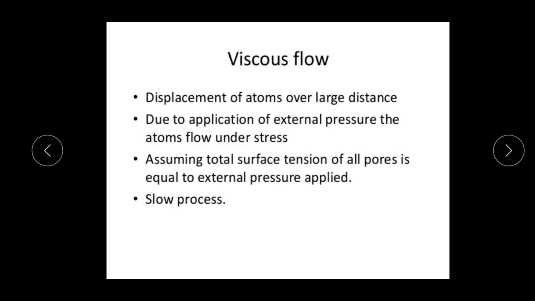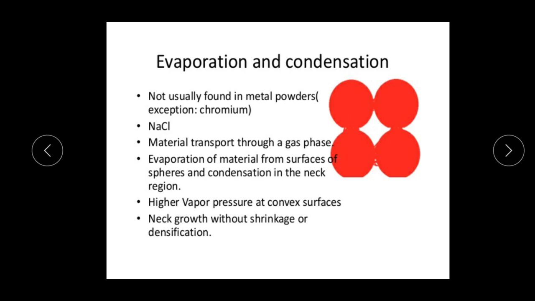Coming to viscous flow, in viscous flow, displacement of atoms over a large distance occurs due to application of external pressure, the atoms flow under stress. Assuming total surface tension of all the pores is equal to the external pressure applied, it is a slow process. And now we will discuss the evaporation and condensation mechanism.